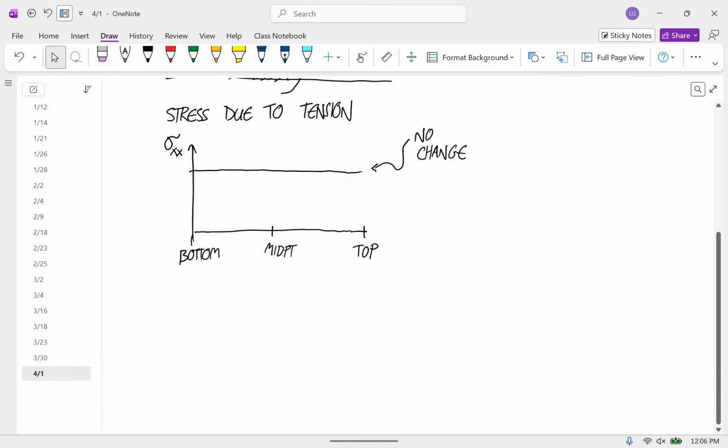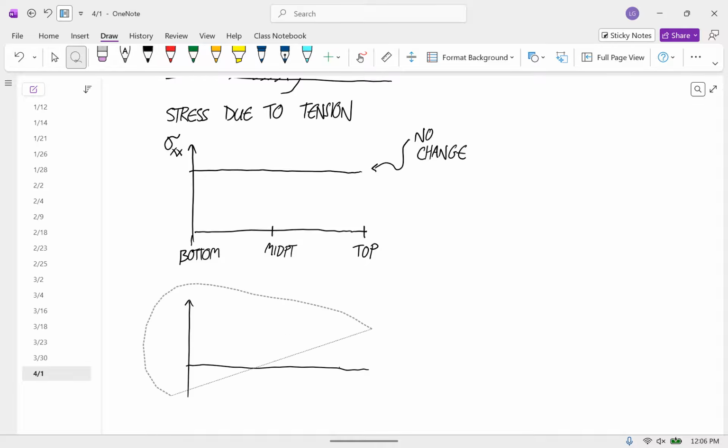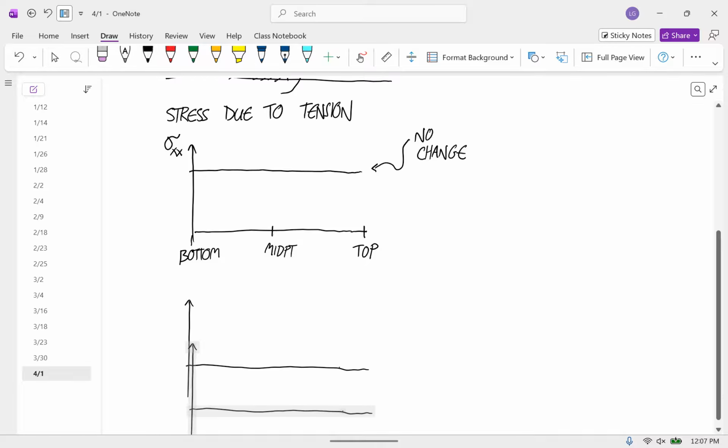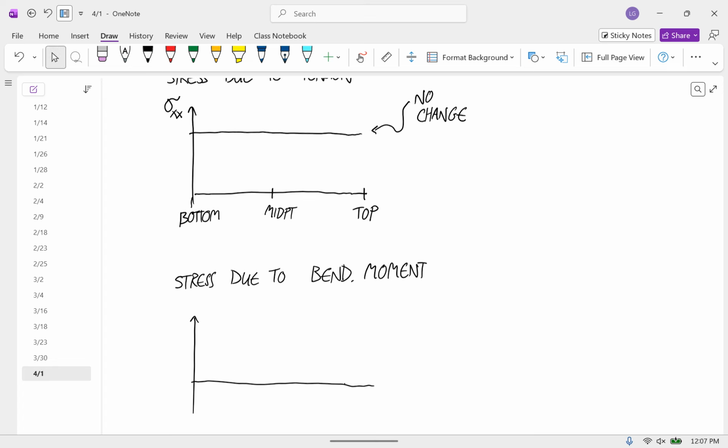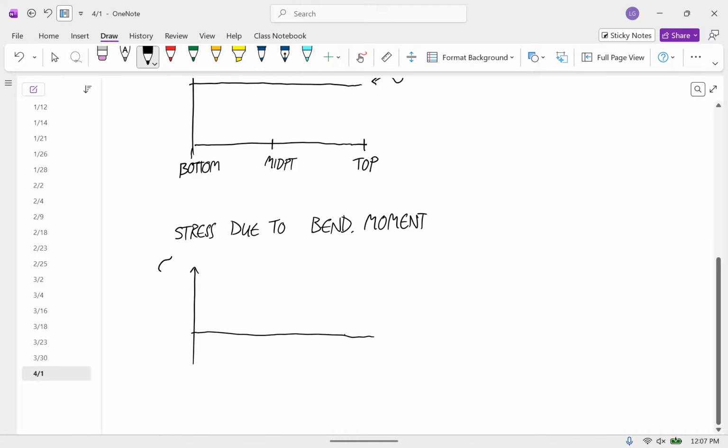Now let's think about how it works for bending moment. This is now the stress due to bending moment. Again, remember, it's only the XX stress that is non-zero due to bending.